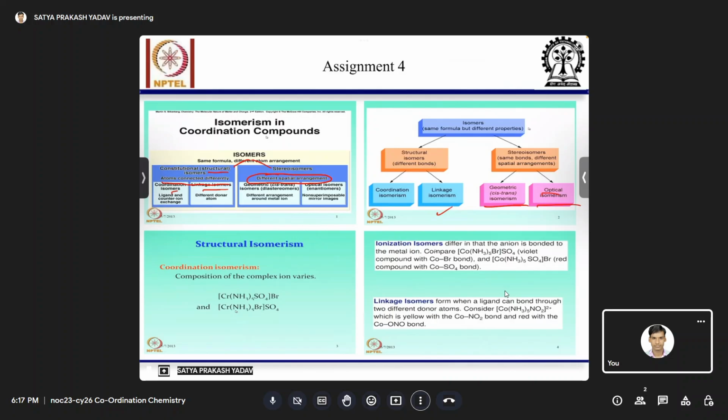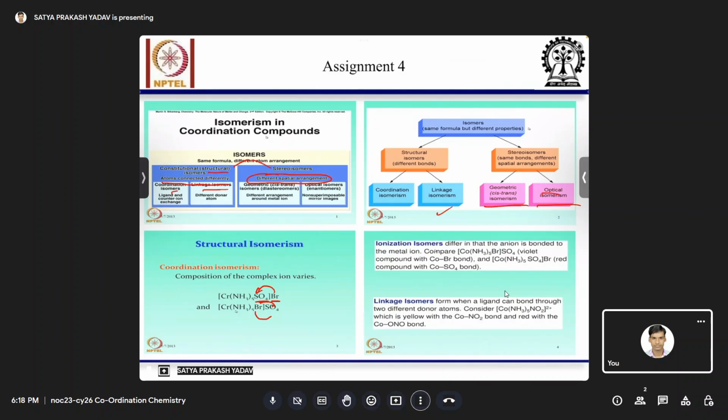Basically, it is isomerism which involves exchange of ligand between the coordination sphere and the ionization sphere. Suppose we have [Co(NH3)5SO4]Br. Now Br will exchange from the ionization sphere to the coordination sphere, and subsequently SO4 will go from the coordination sphere to the ionization sphere. So it is called coordination sphere isomerism.